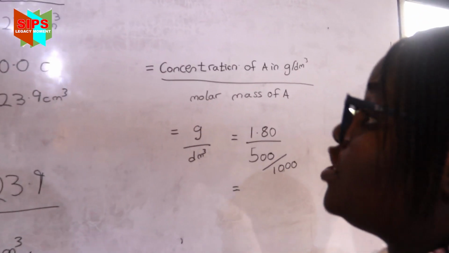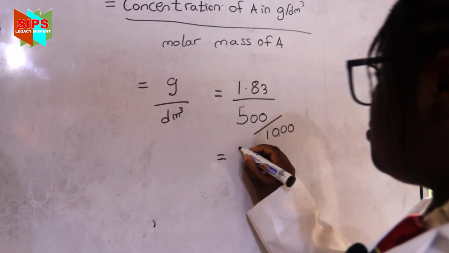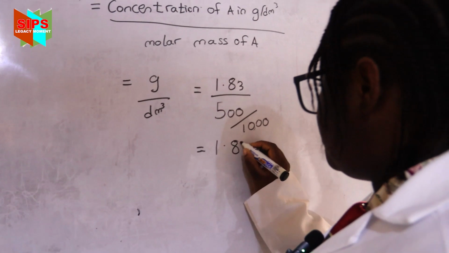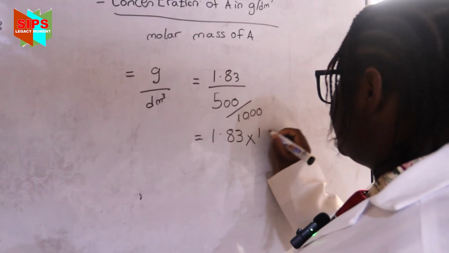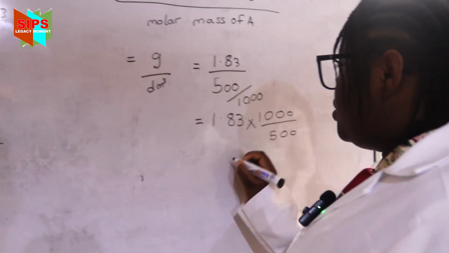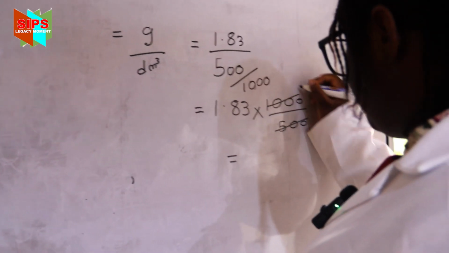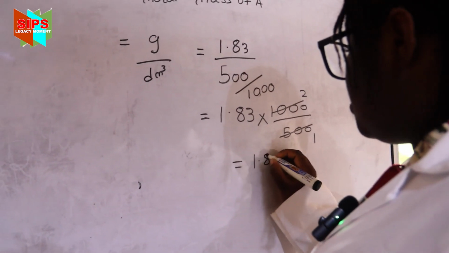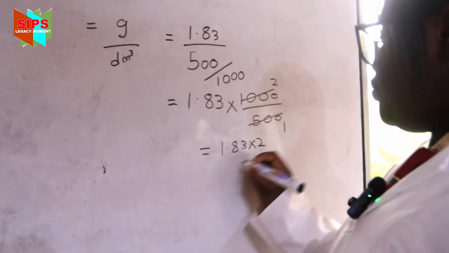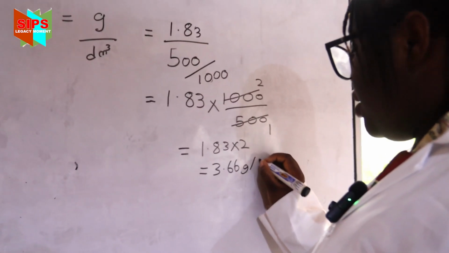So 1.83 times 1000 over 500, that's 1.83 times 2, which is equal to 3.66 gram per dm cube.